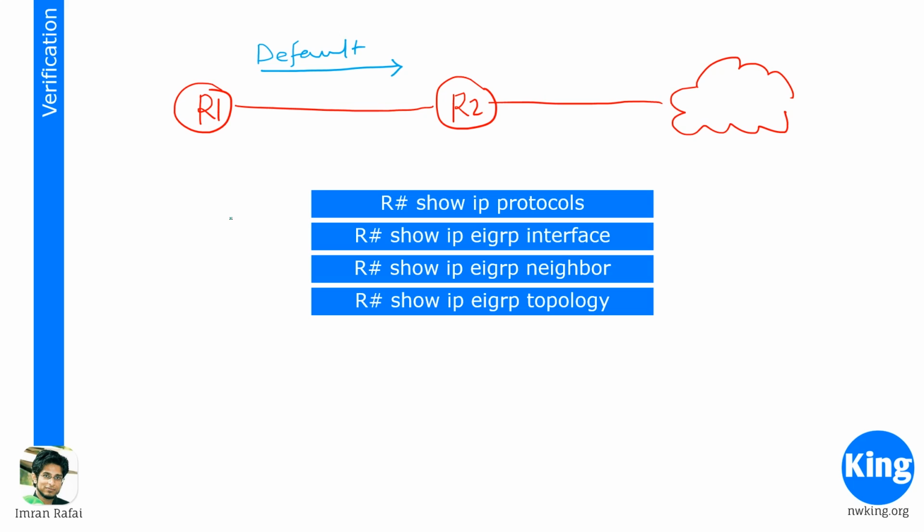Now let's assume R1 does summarization, right? If R1 is doing summarization, when R1 sends, let's say there are networks. So let me take another color. Let's say there are two networks.